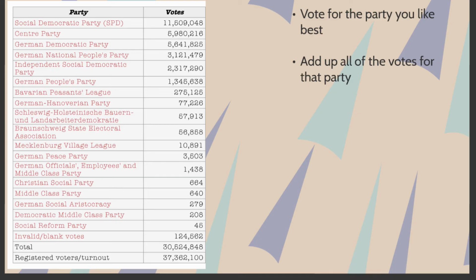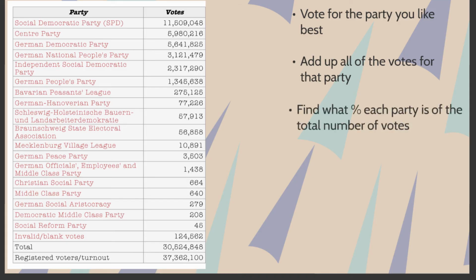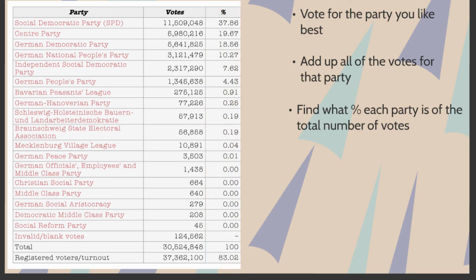The total number of votes for the 1919 election was 30,524,848. After the tallies are complete, elections officials calculate what percentage each political party has of the total number of votes. Going back to our example, out of all those votes in the 1919 election, the SPD party had about 38% of the vote, and the German Peace Party had 0.01% of the vote.